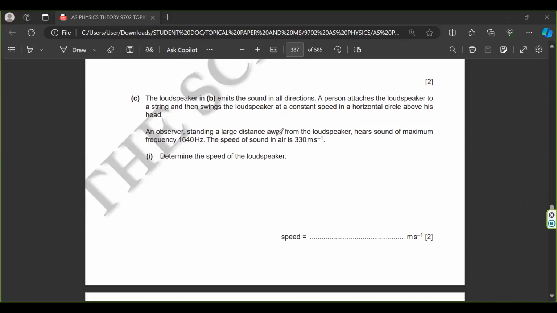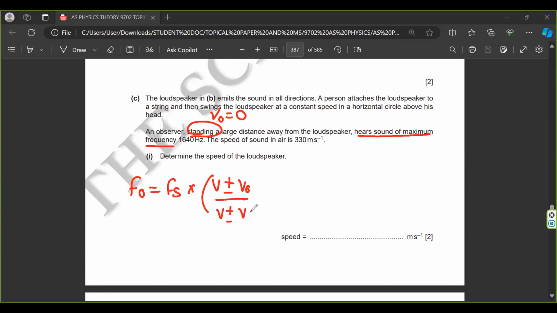An observer standing a large distance away hears sound of maximum frequency. When an observer is standing, that means the observer doesn't have motion, so V naught is 0. And a maximum frequency means the observed frequency is high. So we know that the formula is F naught is equal to Fs multiplied by V plus or minus V naught over V plus or minus Vs.